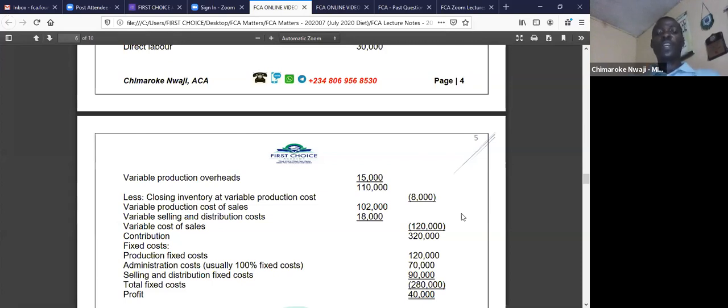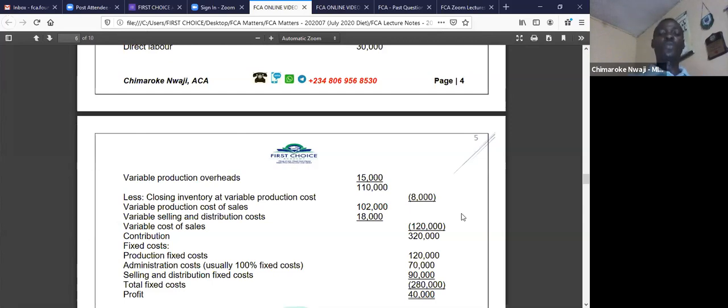We saw variable selling and distribution costs. Now you are seeing fixed selling and distribution costs. But when it comes to admin, every admin cost you see is a fixed cost. So when you add your 120 to 70 to 90, all you get is 280.